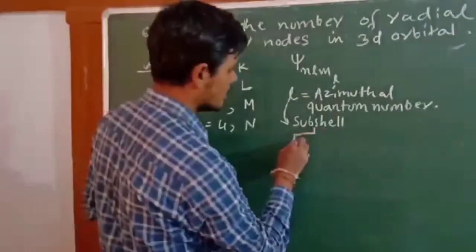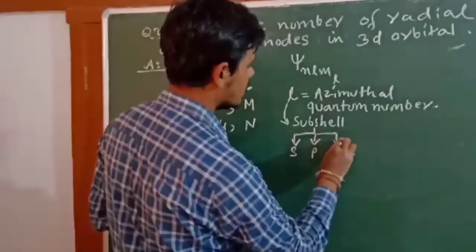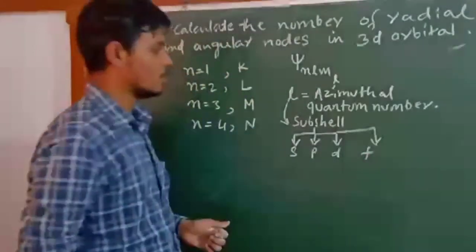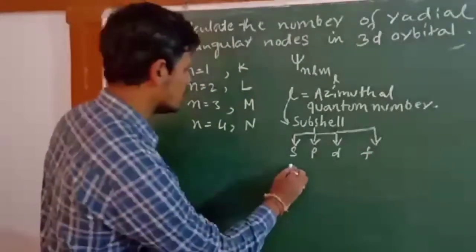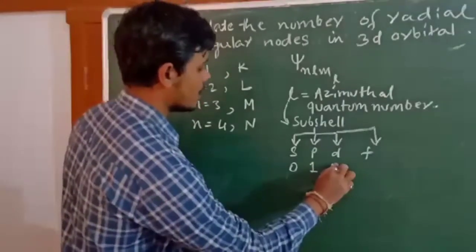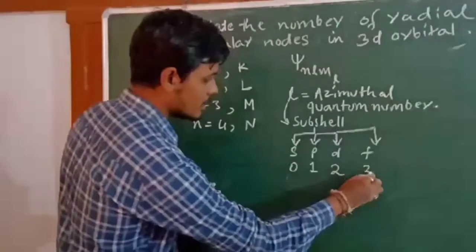There can be s subshell, p subshell, d subshell, and f subshell. For the s subshell, I have l equals 0, for the p subshell l equals 1, for the d subshell l equals 2, and for the f subshell l equals 3.